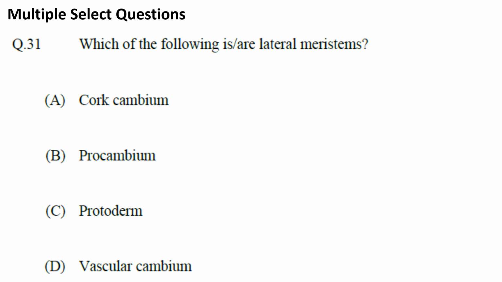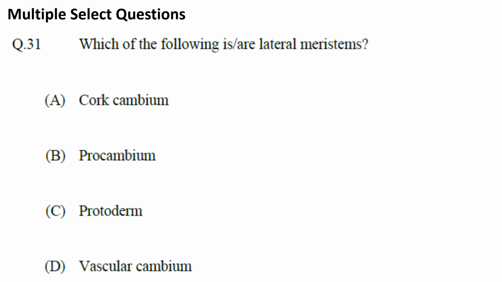Now coming to multiple select questions. Which of the following is or are lateral meristems? So lateral meristems contribute to the secondary growth and increase in diameter of the plant. And there will be production of new vascular tissues and development of the bark and the cork. Cork cambium produces cork cells forming the outer bark.